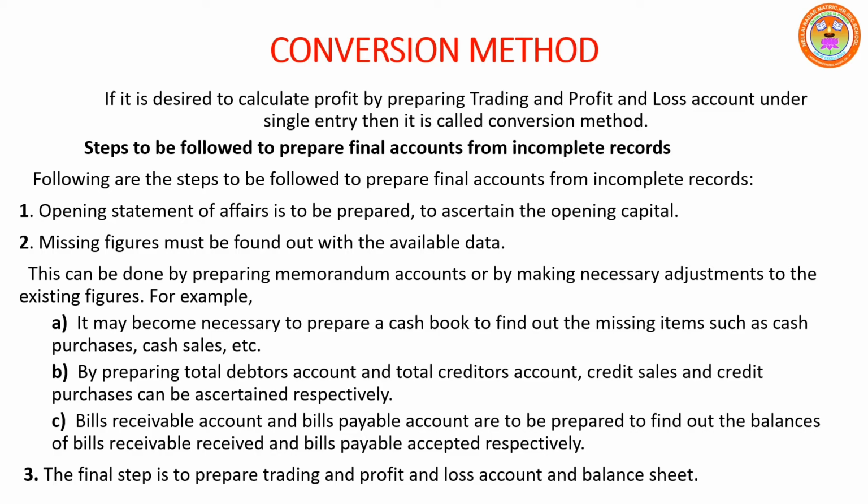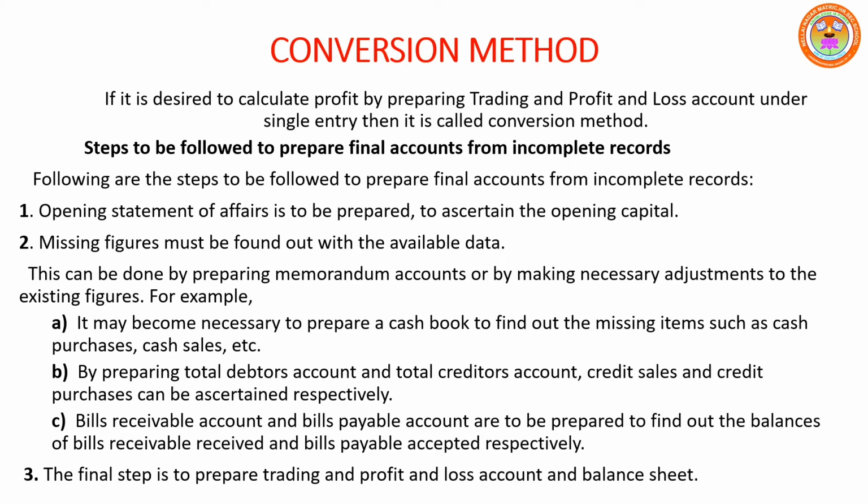Since the accounts are recorded under the single entry system, how to prepare final accounts? The following steps are to be followed to prepare final accounts from incomplete records. Opening statement of affairs is to be prepared to find out opening capital.